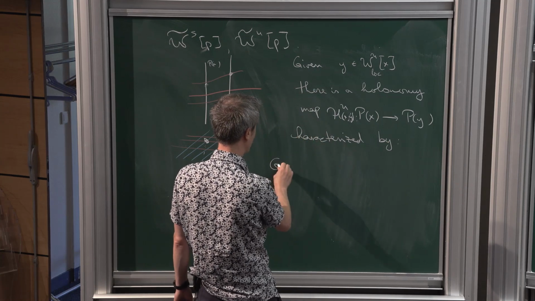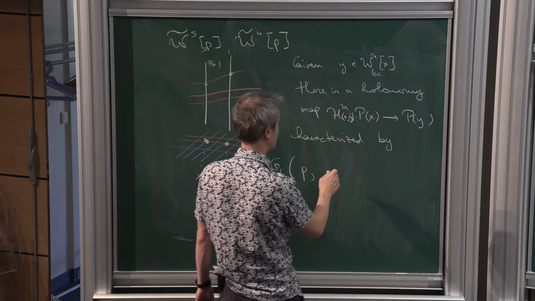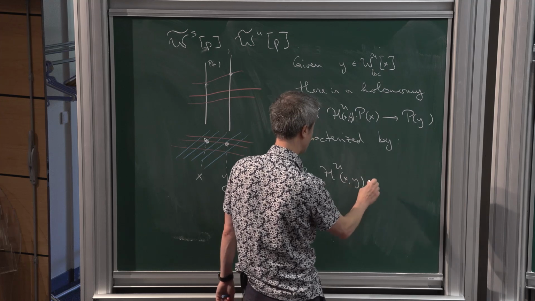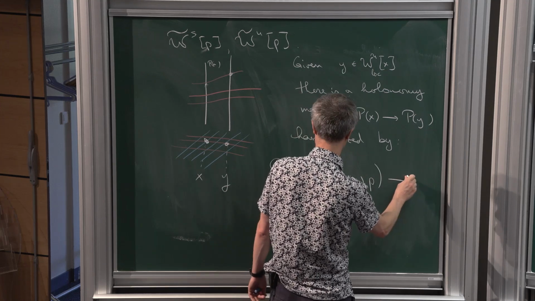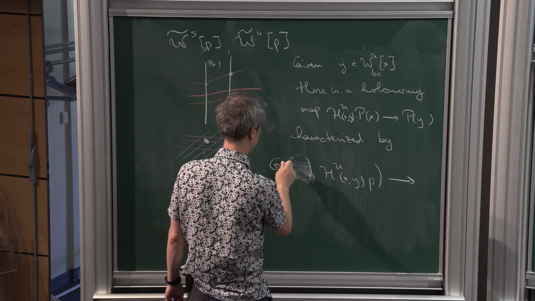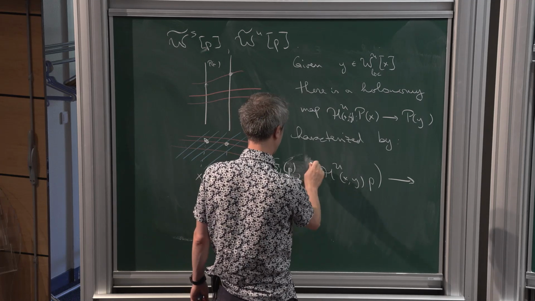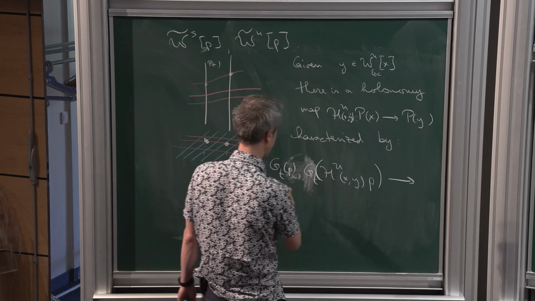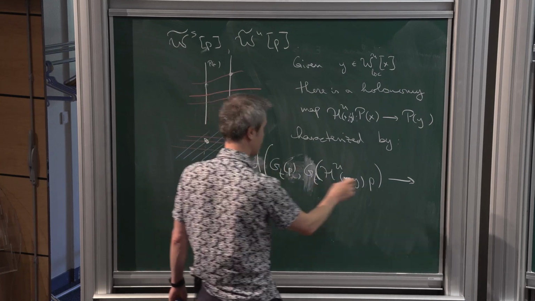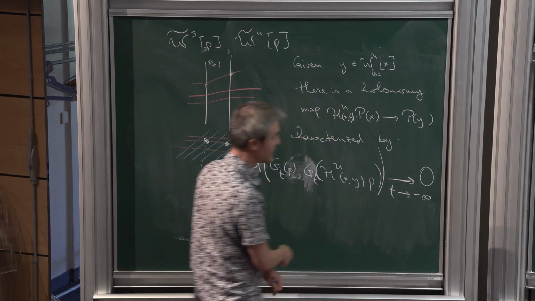And it's characterized by the property that if I take the flow, and if I take a point P, and I take its image under the holonomy, then this distance between GT of P and GT of this image goes to 0 as, because I took the unstable, I have to send t to minus infinity.